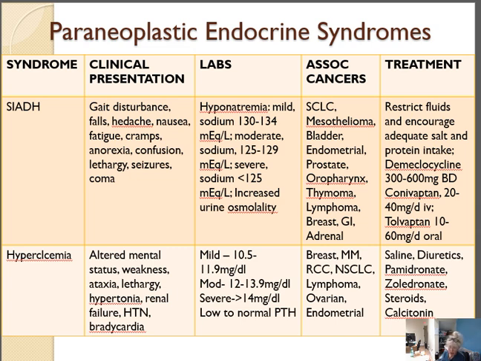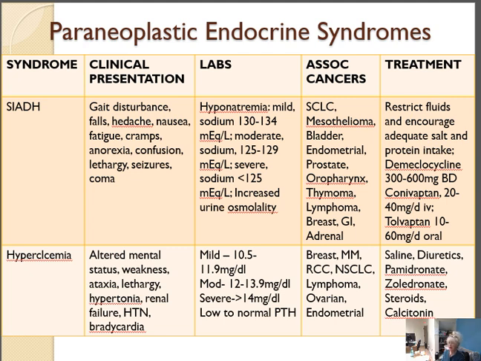So for instance, musculoskeletal and cutaneous, we have dermatomyositis. It's a progressive proximal muscle disease. It presents with Gottron's papules and a heliotrope rash, not unlike systemic lupus erythematosus. You'll find people with dermatomyositis that have adenocarcinoma, particularly ovarian adenocarcinoma.